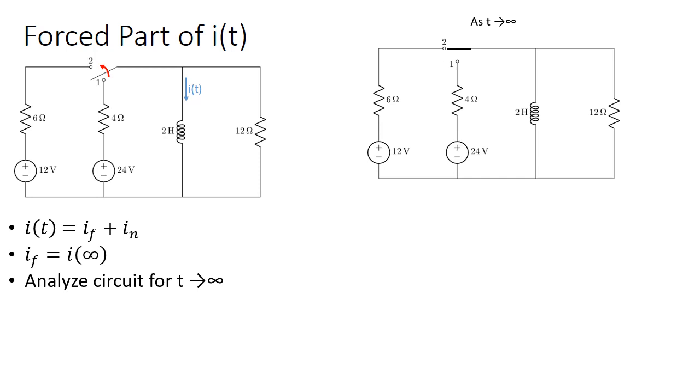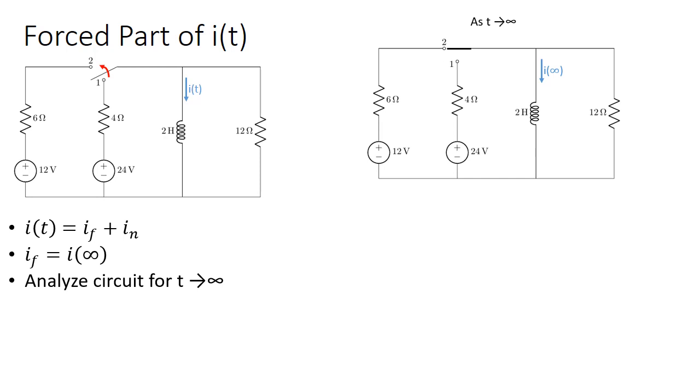And when that happens, we then have a circuit where there is now a new stub with no connection. We see that the 24 volt source and the 4 ohm resistor, that series combination of those elements, is no longer connected to the rest of the circuit.